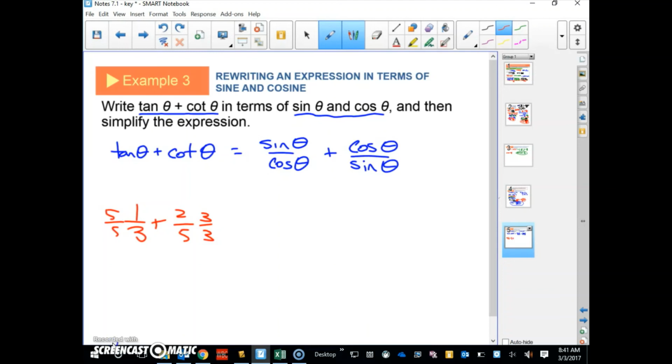So over here, if this fraction has a cosine, we need to make sure it has a sine. And so what we're going to do is multiply by sine theta over sine theta on that left side. But over there on the right side, this one has a sine theta, so it's going to need a cosine theta. So multiply by cosine theta over cosine theta.